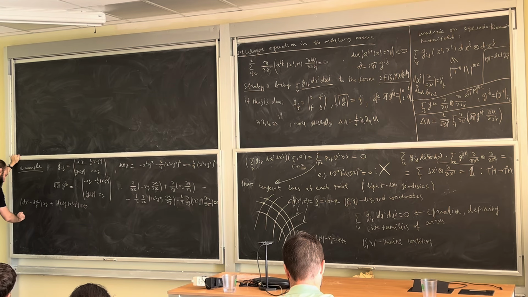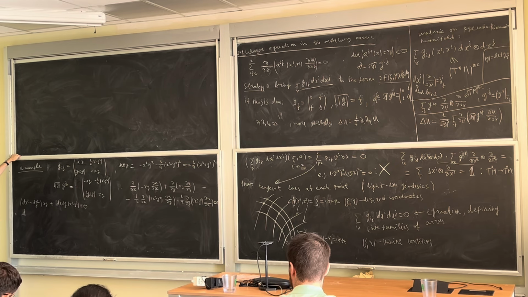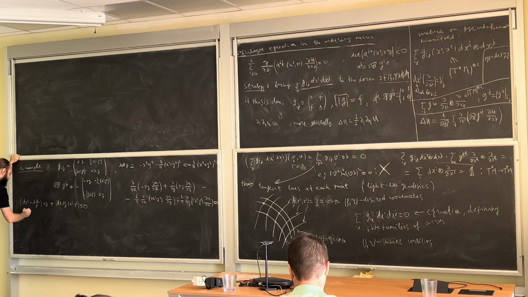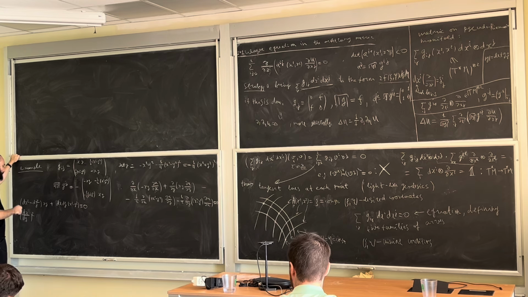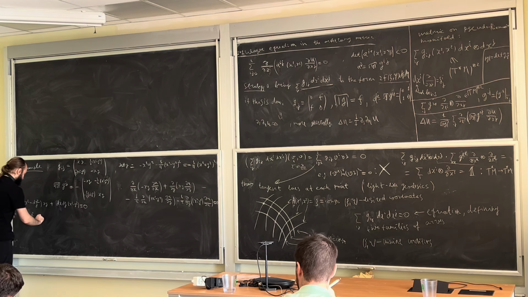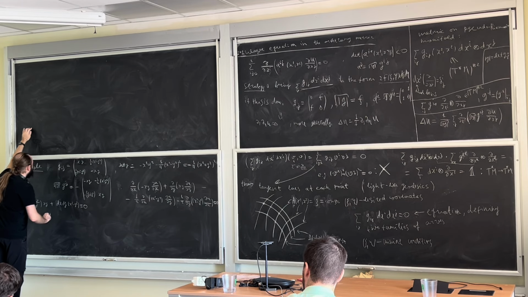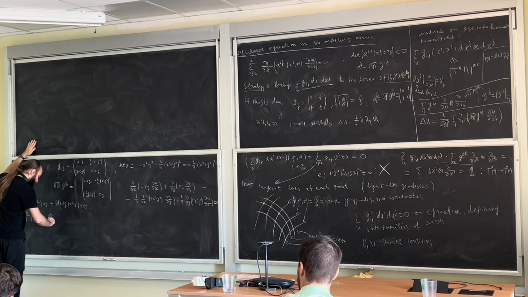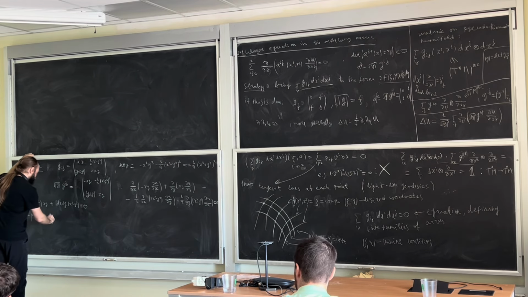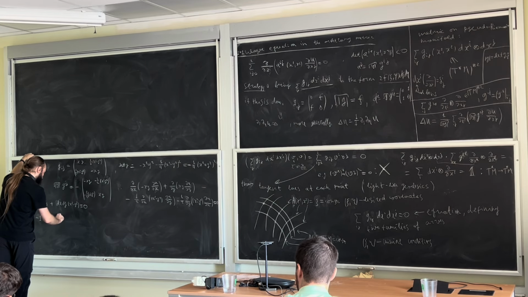Let us divide by dy. So (dx by dy) squared times xy. Maybe let us also divide by xy: (dx by dy) squared minus 1 plus dx by dy times (x over y minus y over x).